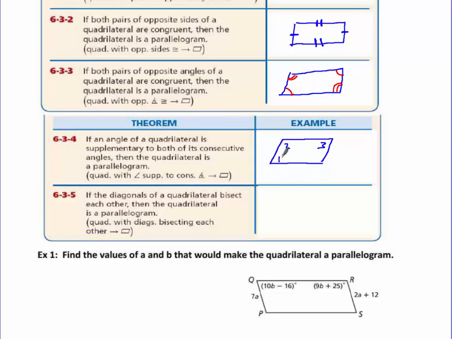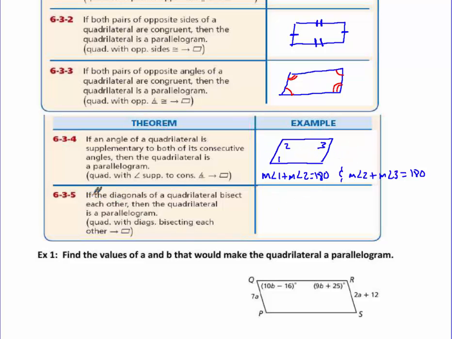And we don't know anything about the sides or if anything's parallel, but we do know that the measure of angle 1 plus the measure of angle 2 equals 180, and the measure of angle 2 plus the measure of angle 3 equals 180. So an angle of a quadrilateral is supplementary to both of its consecutive angles. So angle 2 is supplementary with 1 and 3, then that means this is a parallelogram.